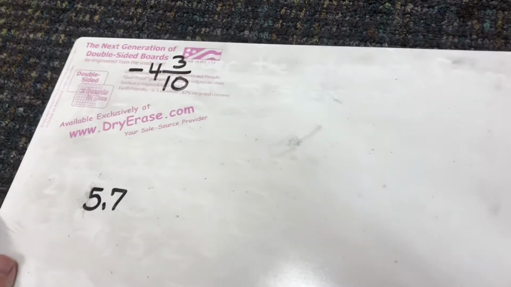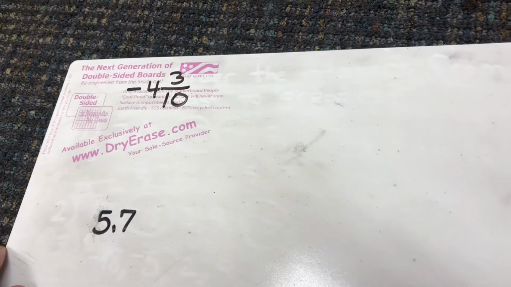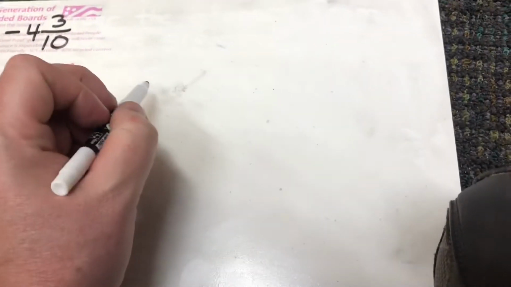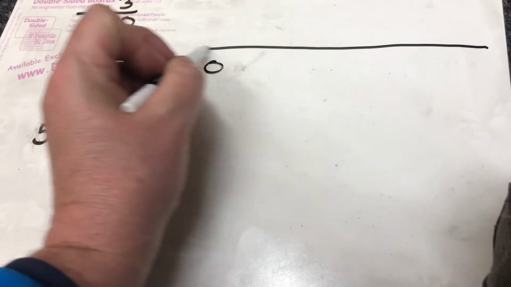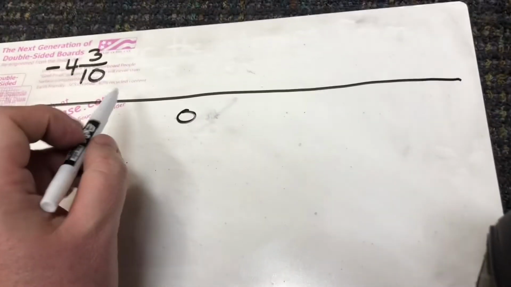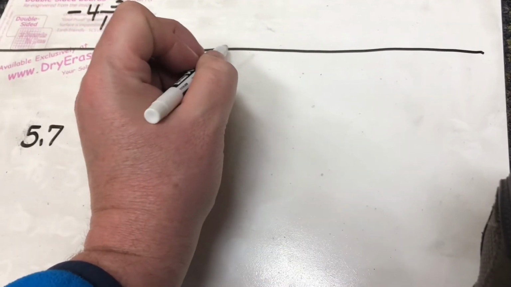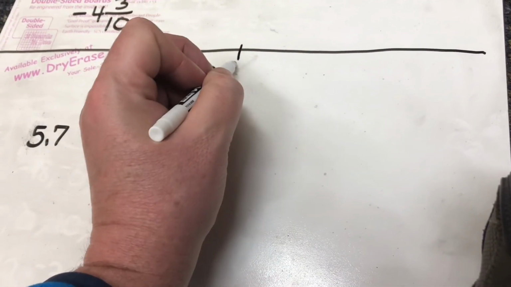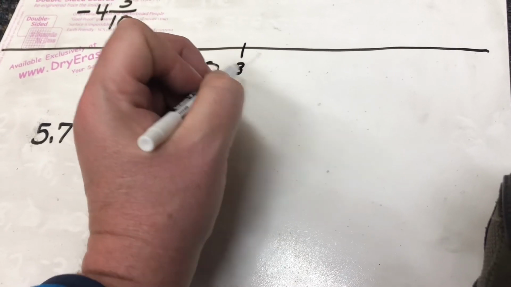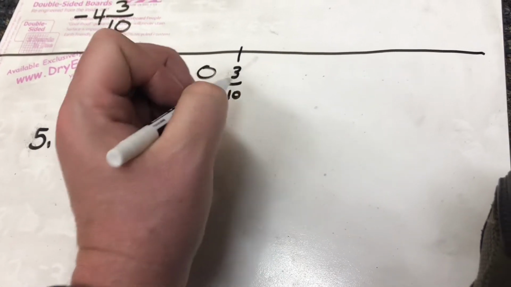We got a couple more here. This next one is a mixed number, 4 and 3/10. It's the same idea where we start with 0 in the middle and make our line. I'm going to be thinking about this 3/10. So I'm going to get kind of close to the 0 and have 3/10.